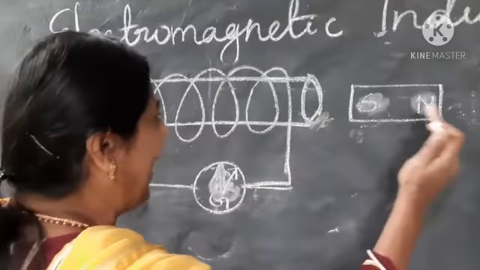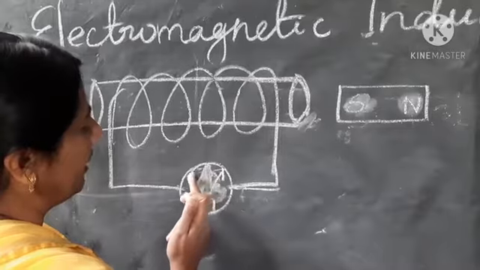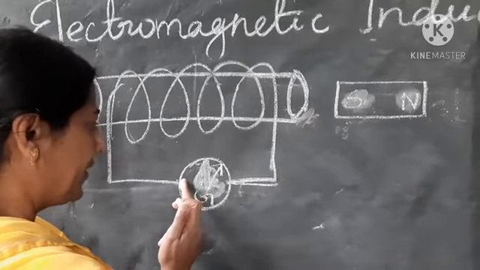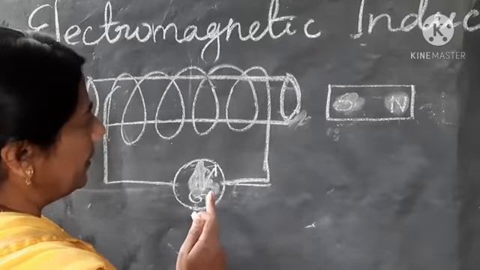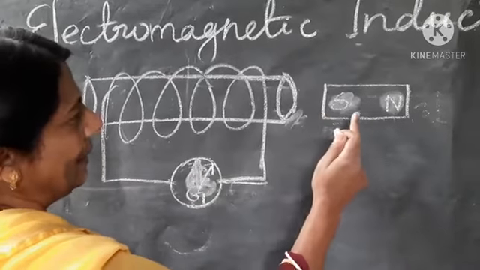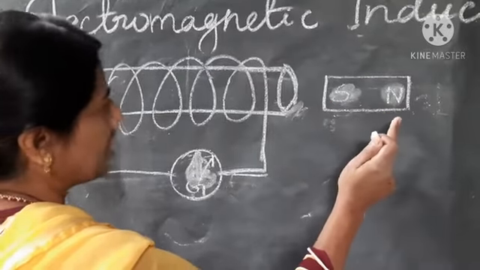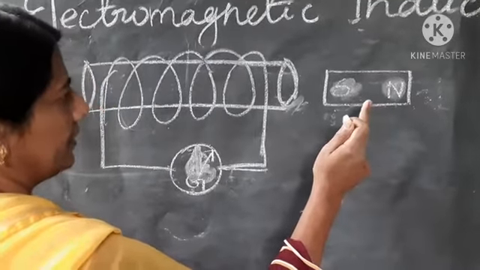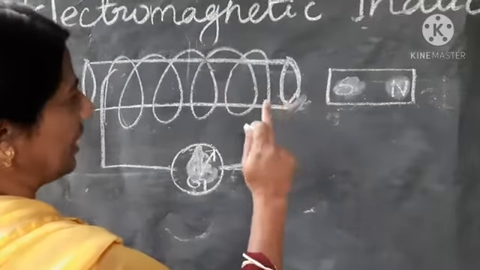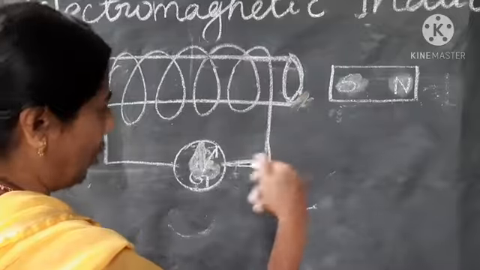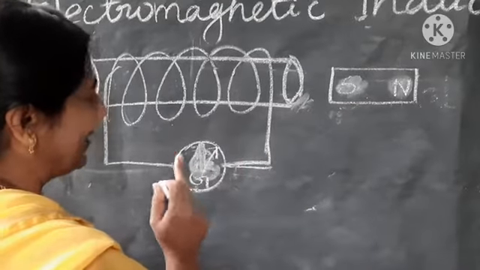Now move the magnet away from the cylindrical coil. The deflection will move to the left side. It shows that when a magnetic field is in motion, it induces a potential difference, so a current is induced in the coil.